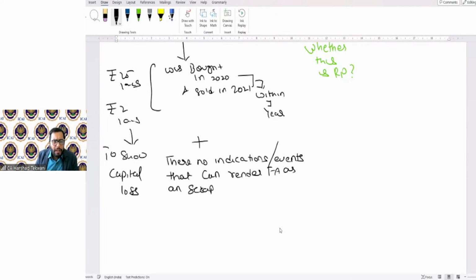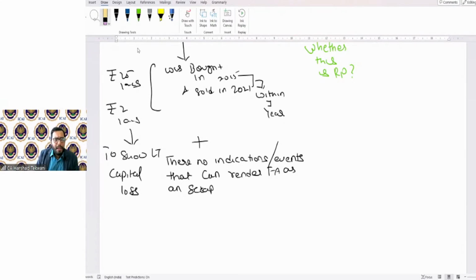Or let's say this is not 2020, but 2015, and this was a long-term capital loss. And accordingly, they wanted to settle something like that. Any fraudulent transaction may have been entered.